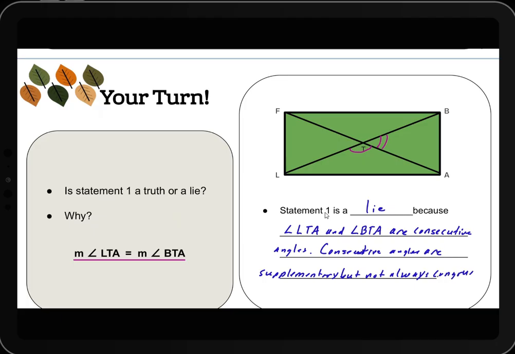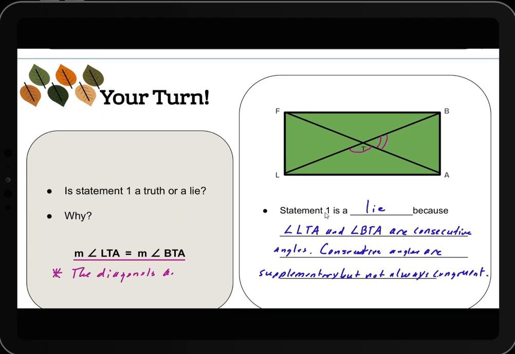So the problem here is that they're stating that those angles are equal to each other, and this is just not going to be true in the context of a rectangle, because the diagonals would need to be perpendicular for us to guarantee this, right? So just a little bit of a fact here. The diagonals would need to be perpendicular.